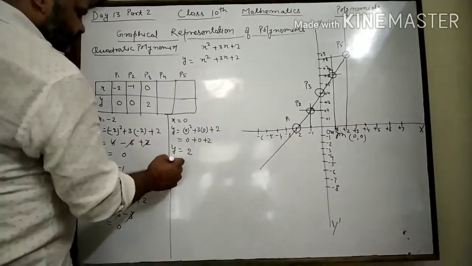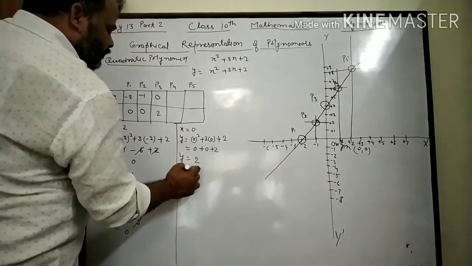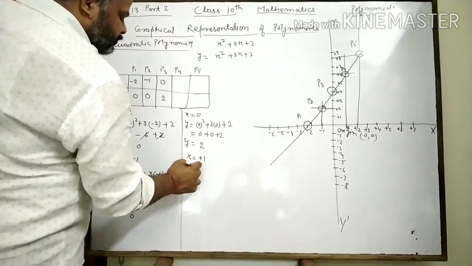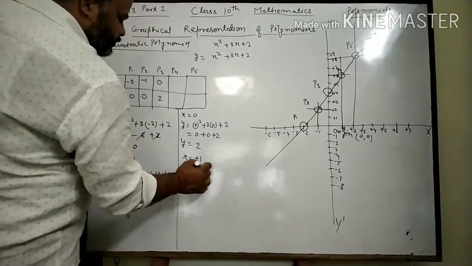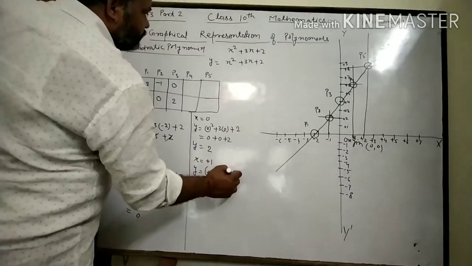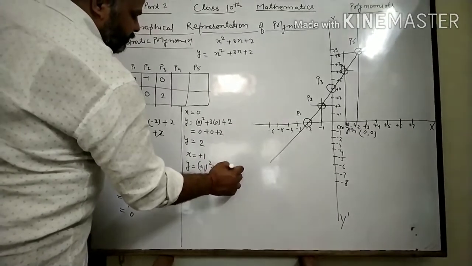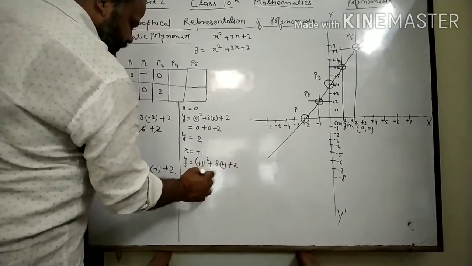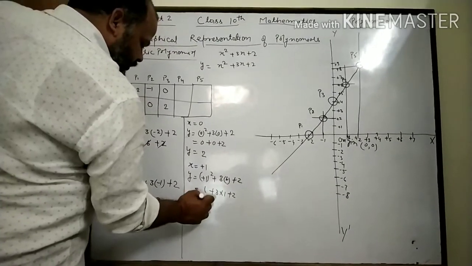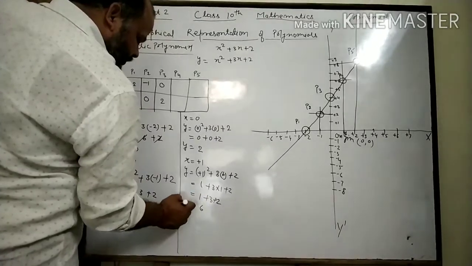Then after that, x is equal to plus 1, then y is equal to plus 1 square plus 3 into plus 1 plus 2. It is 1 plus 3 into 1 plus 2, that is 1 plus 3 plus 2 is equal to 6.